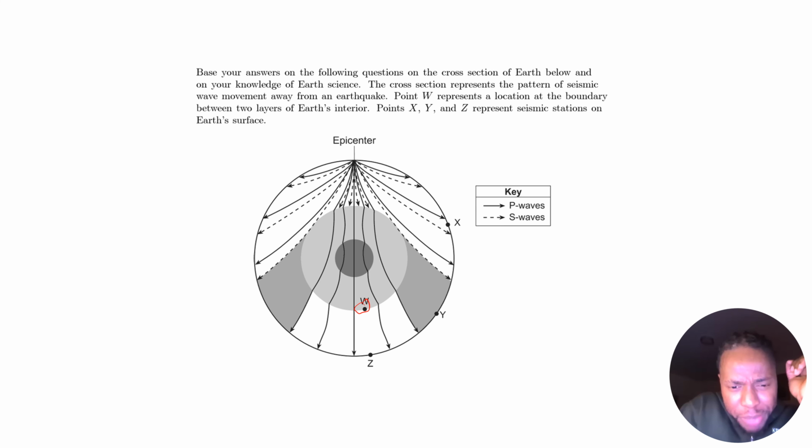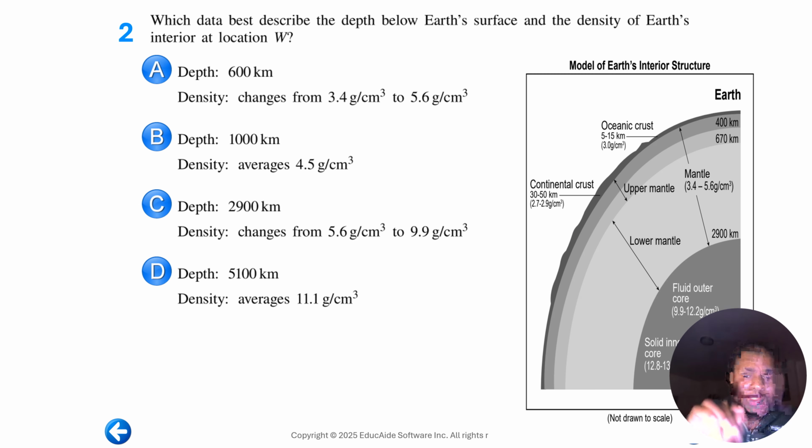That looks like the boundary between, so this is the earth crust, this is the mantle, this should be the outer core, and this should be the inner core. So we are looking at the boundary between the stiffer mantle and the outer core. That's where W is.